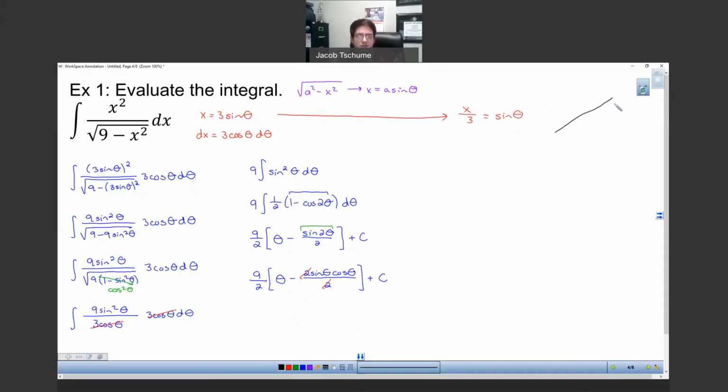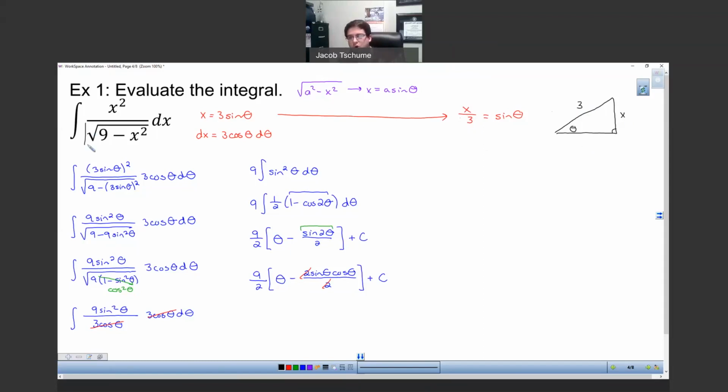Since we are using Pythagorean identities to do this problem, we can assume that this has to be the definition of sine on a right triangle. And we learned back in trig that sine has a definition of opposite over hypotenuse as far as its ratio goes.